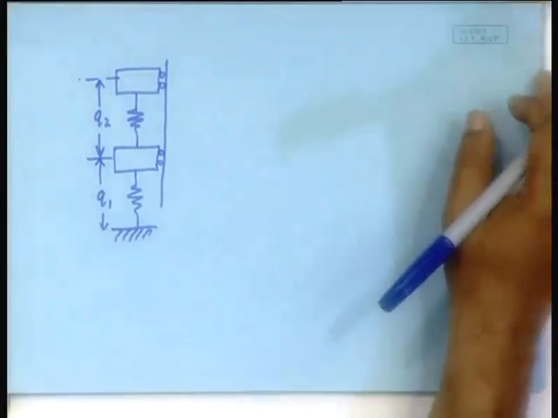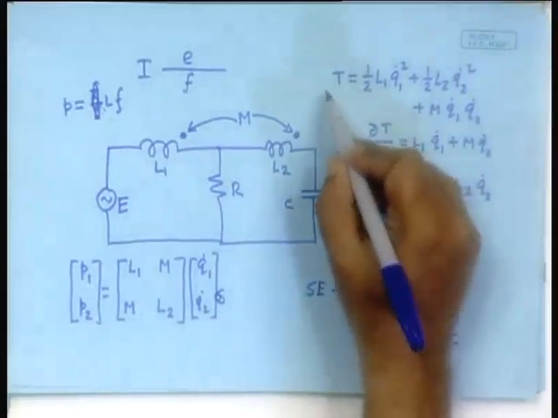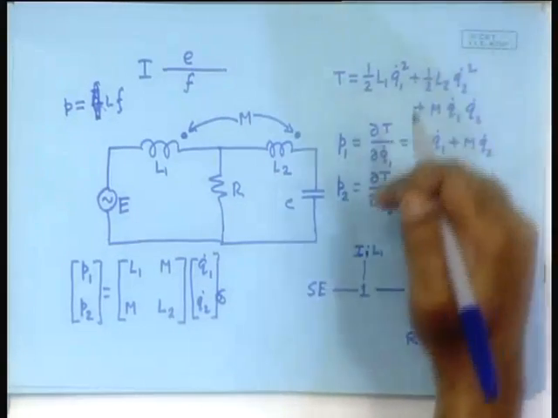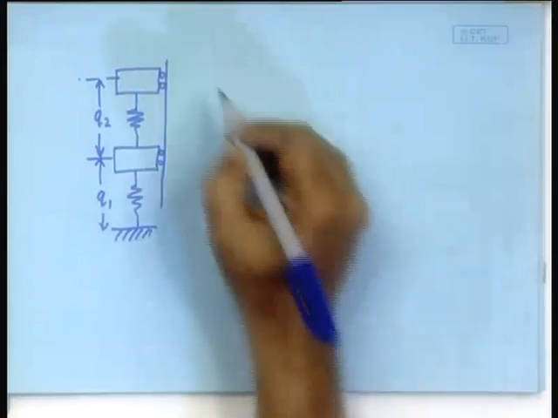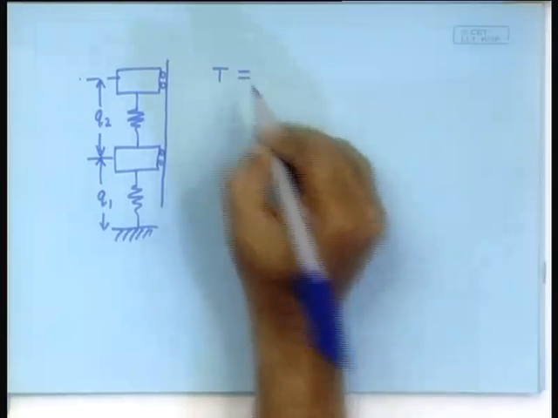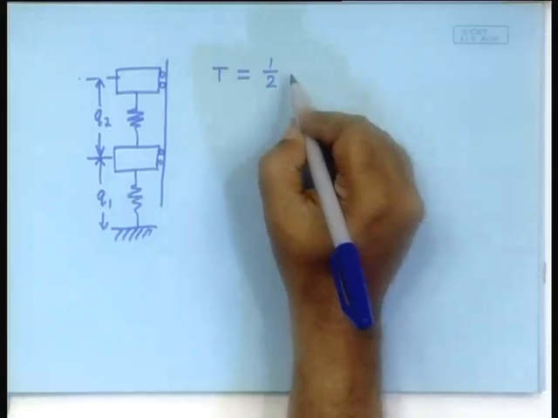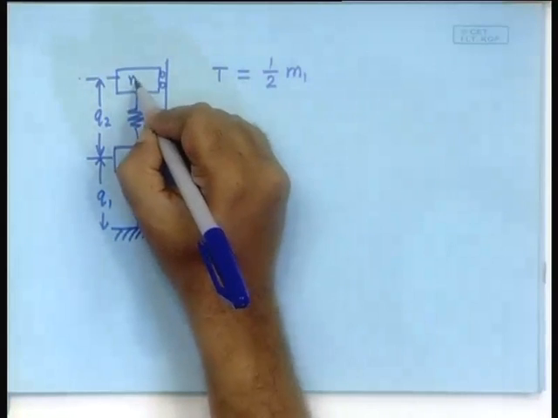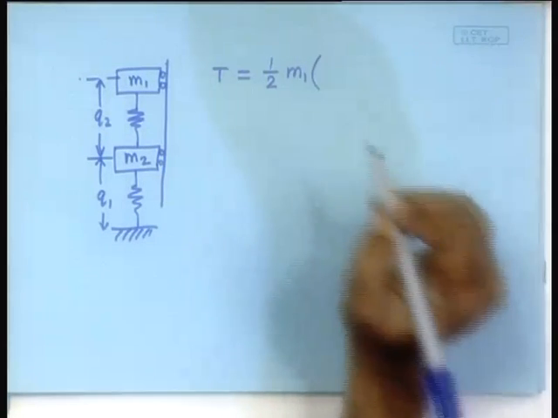Let us see. If you have this, then the way we did it in the last class, we wrote the kinetic energy equation, and from there we obtained the momenta. Let us see what would be the kinetic energy of this setup. The T would be half m1, this is m1 and this is m2, m1 times what square?